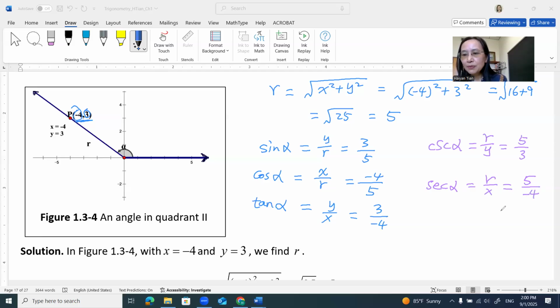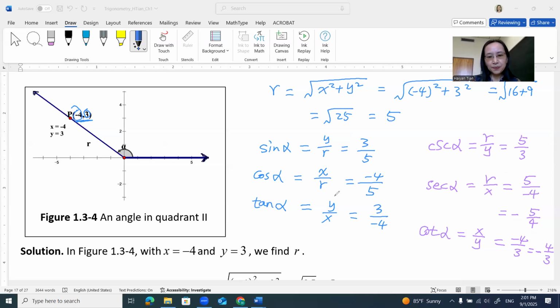But of course, you can put a negative sign in the front, so -5 over 4. Cotangent alpha is x over y, which is -4 over 3. But you can put a negative sign in the front of 4/3. So it's the same.